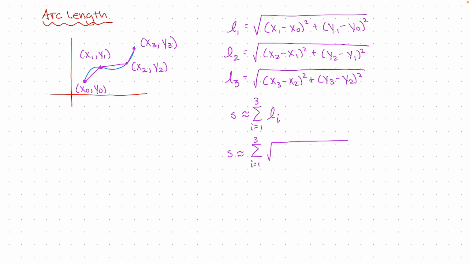So I'm going to say the summation of the square root of delta x sub i squared plus delta y sub i squared. I know I'm putting a lot of stuff down here really fast. Let me stop right now. Any questions so far?